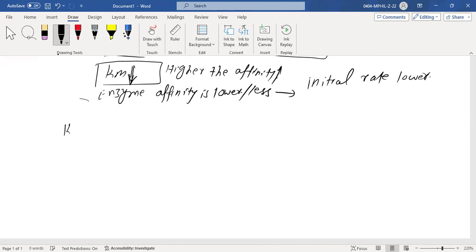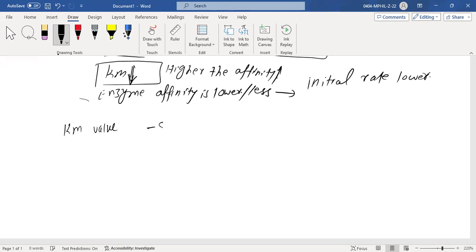Now, Km value. What is this Km? I have told you that this is a Michaelis Menten constant. You should keep it in mind. When will this Km value be the same, or when will it not be affected?